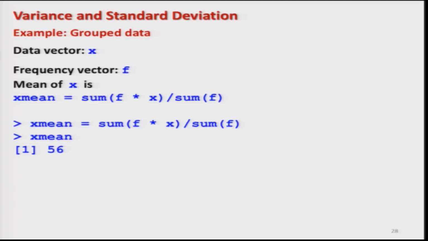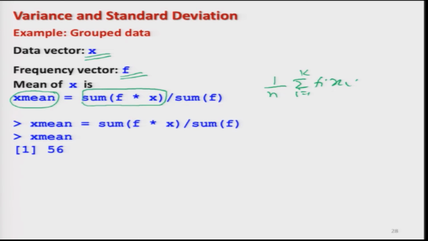Now, we already have obtained x, and we have already obtained f. Now, I need to find the mean of x. You can see that in this case the mean is defined by the summation of f i x i, where i goes from 1 to k. So, I define here x mean, which is the sum of f i x i divided by n, which is the sum of f, and if I do it here, I get the value of x mean to be 56.